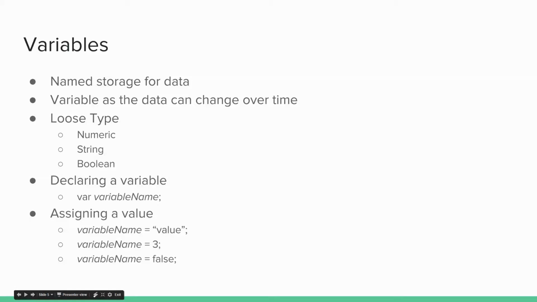In this case, you just declare it with a variable name. And then when you assign it a value is when it actually gives it a type. That's why it's called loose type in JavaScript, because it sets the type when you put data into it. Now, the three native data types of JavaScript are numeric, string, and boolean.